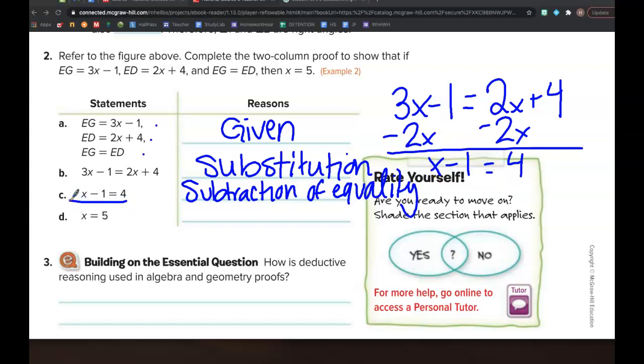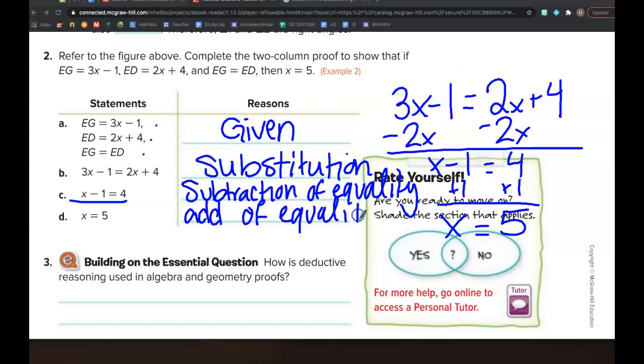Then how would I get x by itself? Add 1. So x equals 5. So we use the addition property of equality to solve for x.